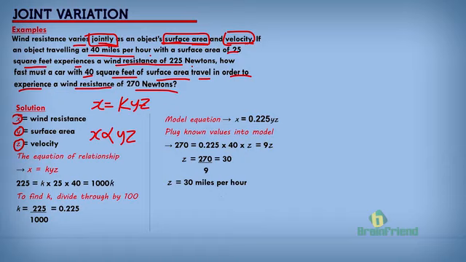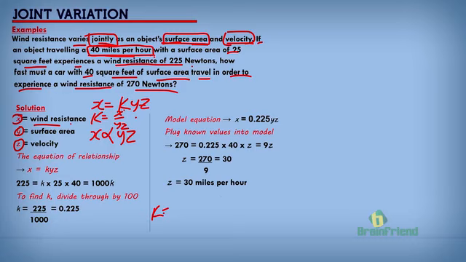So our aim is to find a value for k. K, therefore, is x all over yz. From our question, let's see if we can find x, wind resistance. If an object traveling at 40 miles per hour, we have our velocity here. Velocity is z, so we can impute the value for z, 40 miles per hour.